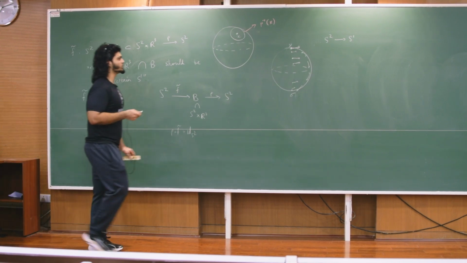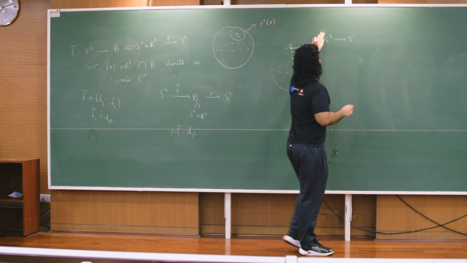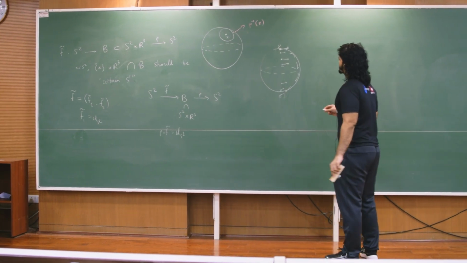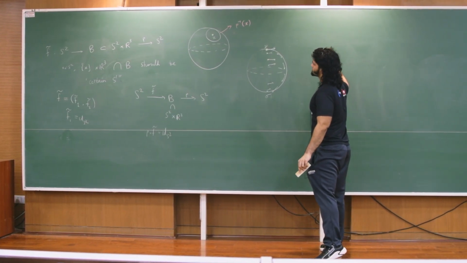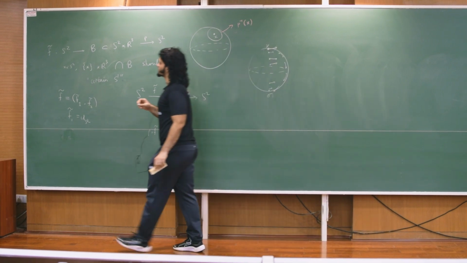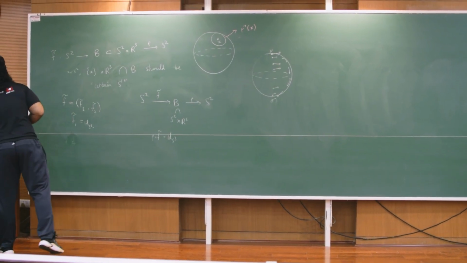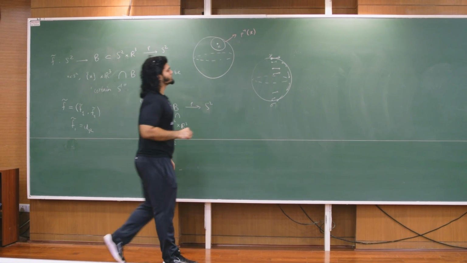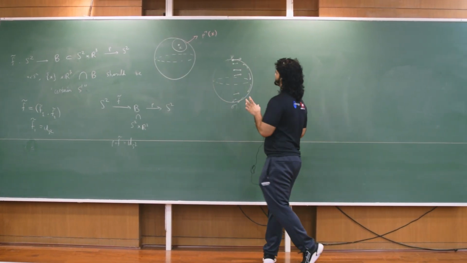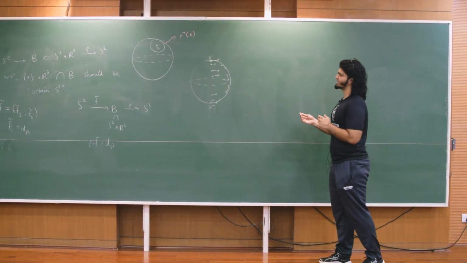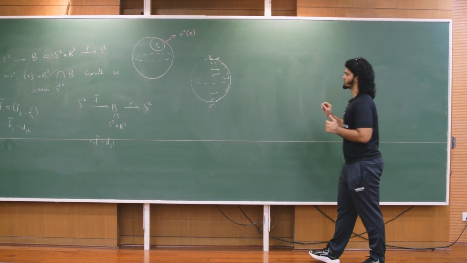But there is something to this idea, because to understand this B, you could try to take this identification idea as far as possible.